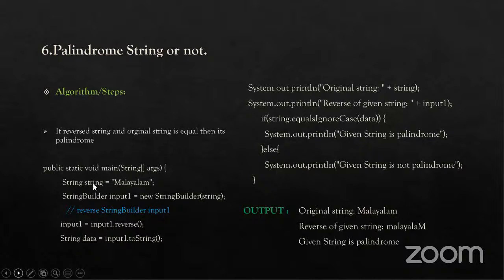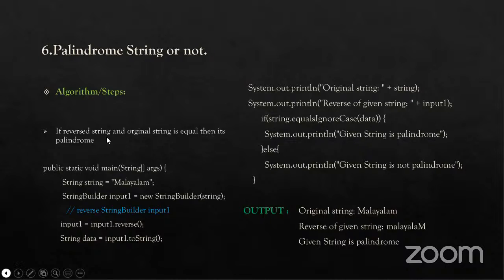Here I am giving a string, Malayalam, and I am adding that Malayalam to a StringBuilder, just to reverse it. We can use a for loop also, with that method we can do it too. Here I am showing you using StringBuilder. We need to add our string to a StringBuilder.